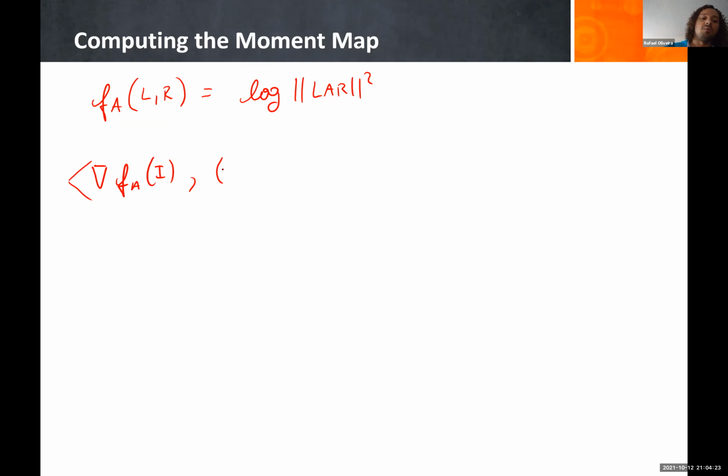Well, if you look at the exponential map that Ramdas talked about as well, L will be e to the h1, and then R is e to the h2, right?